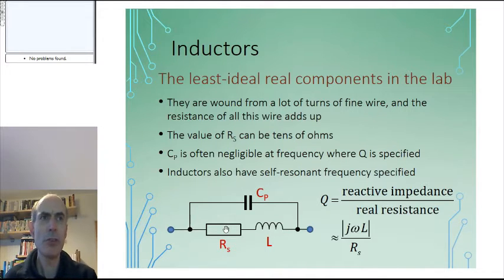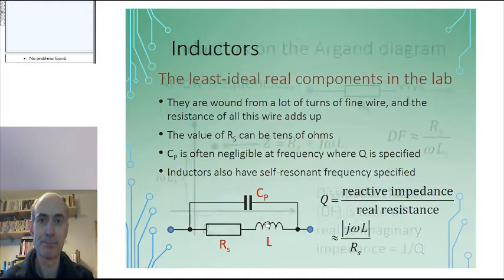Now, inductors tend to be used at fairly low frequencies, frequencies where the effect of this parallel capacitor can be neglected, so we're really only concerned in terms of the parasitic components of an inductor with the value of this resistor Rs. And the Q factor there will be specified in the datasheet of the inductor.